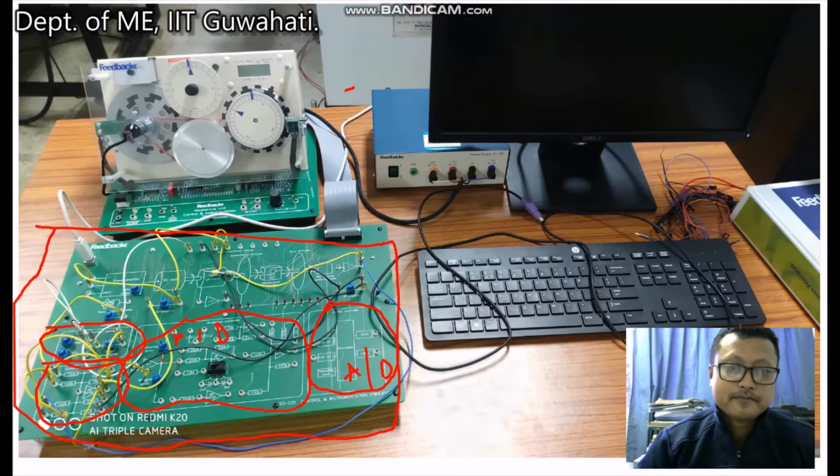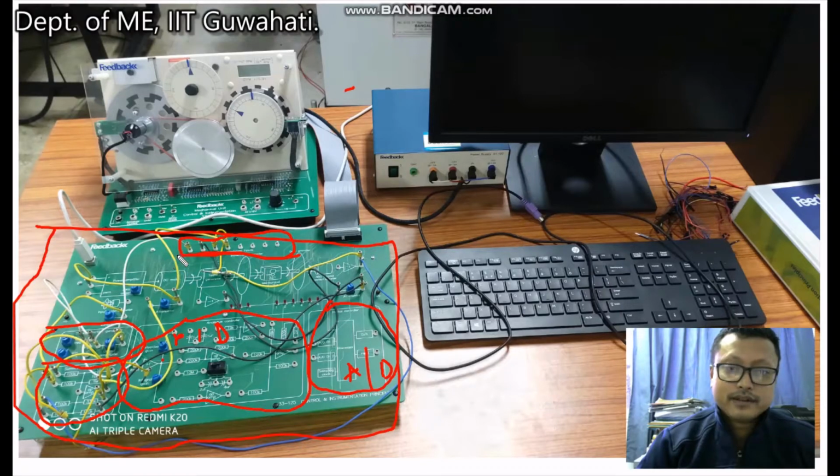These ports are for instrumentation. It has one software on this PC, where you can get a virtual CRO, oscilloscope, or multimeters. In that multimeter you can get some input by connecting wires.